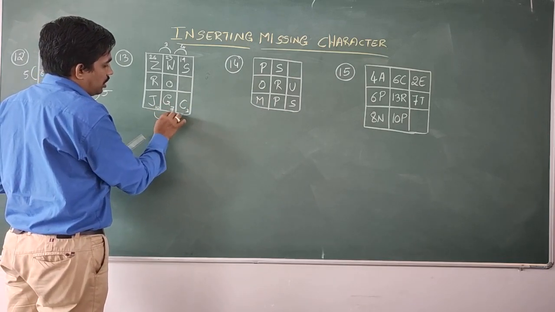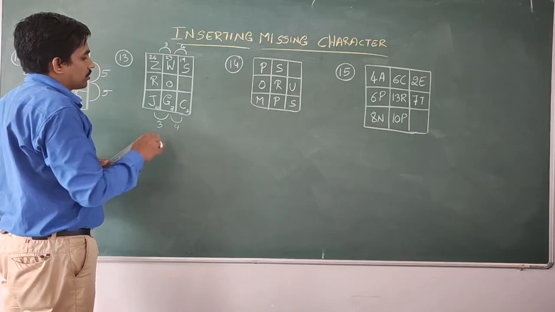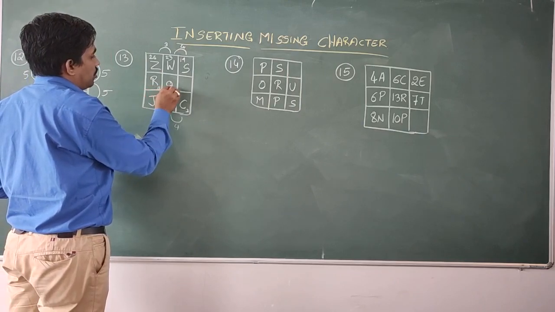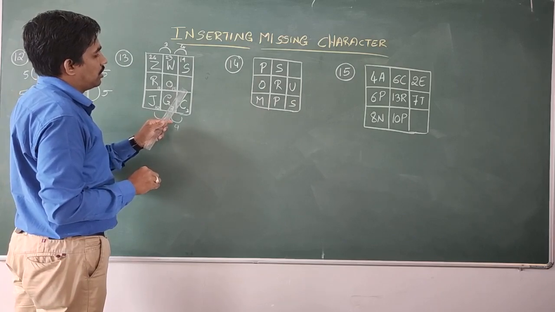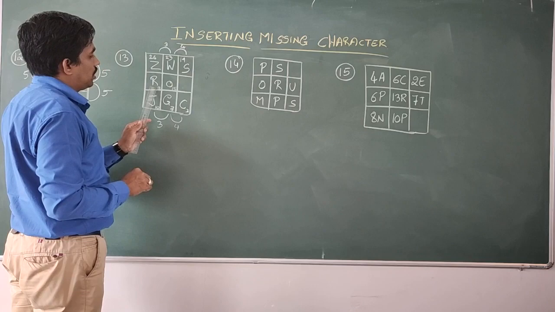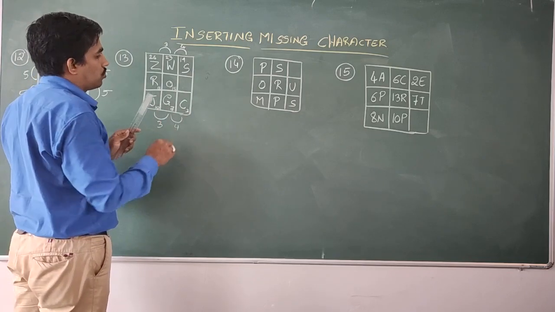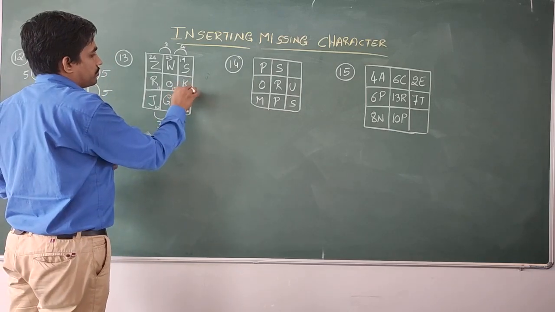Difference of these two is 3 and these two is 4. In the same way, this also. R is 18, O is 15. So 3 difference. Again, we have to subtract here. 18 minus 3 is 15. 15 minus 4 we have to do. So 11th letter is K.